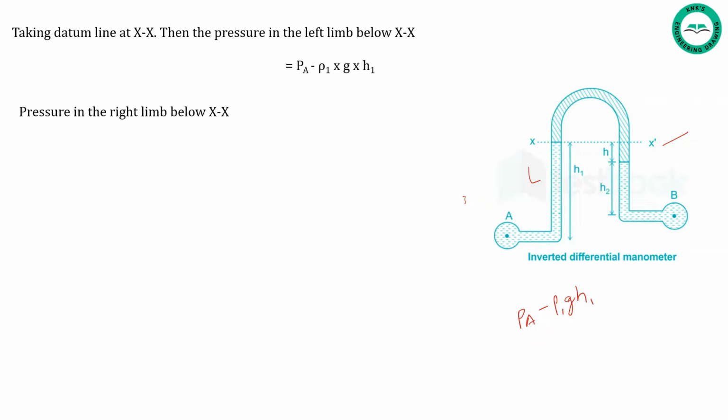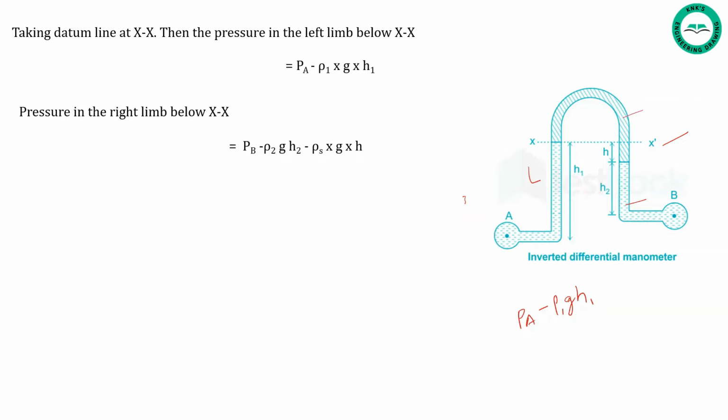Similarly, pressure in the right limb below XX will be given by PB minus rho 2 g H2 minus rho S g h, that is for the light liquid.